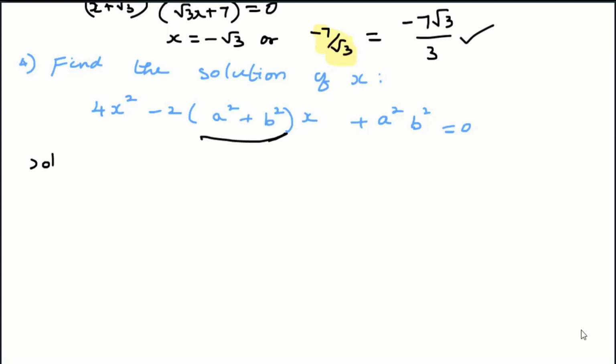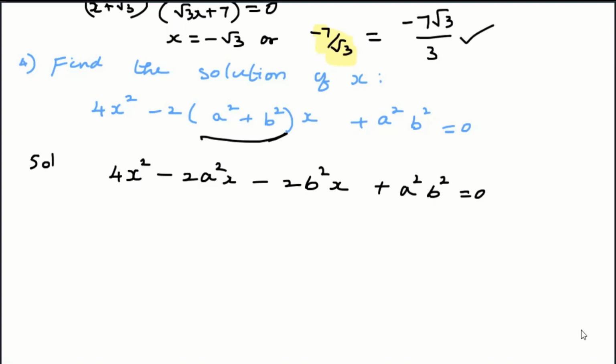Just check. 4x square minus 2a square x minus 2b square x plus a square b square equal to 0. Correct? So this minus I have multiplied, this x is also multiplied with. So now I have got 4 terms inside.